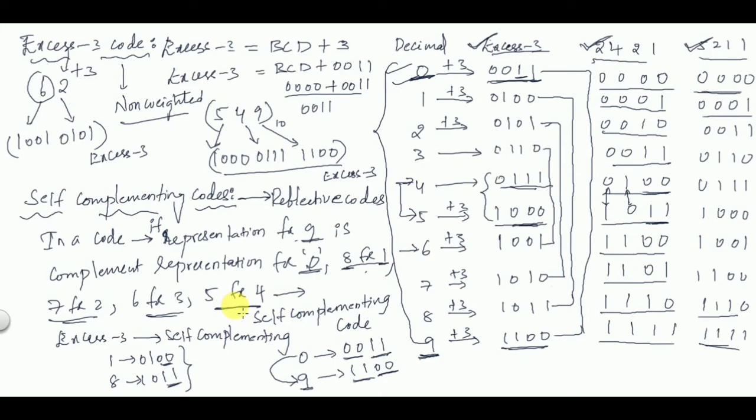Let me take one more slide. I'll tell you two very important points regarding self-complementing codes. We have seen XS3 code, which is a self-complementing code. I'll write it one more time.